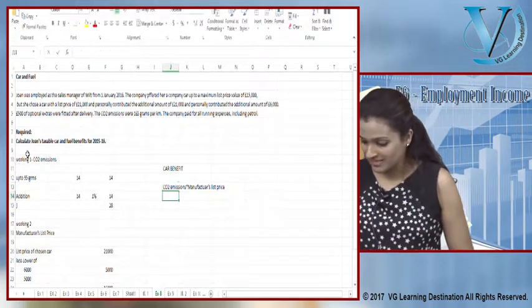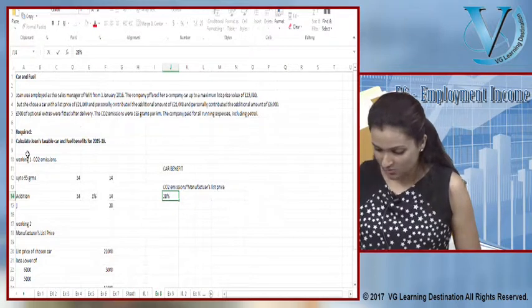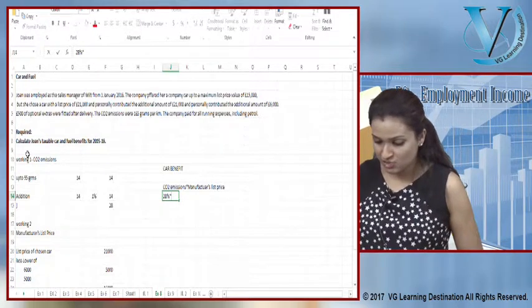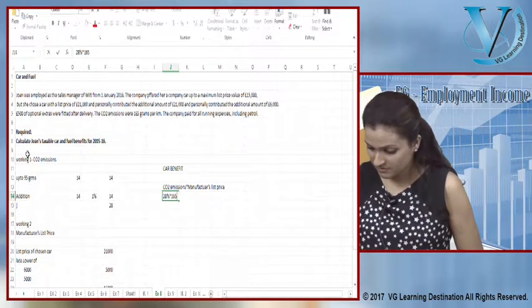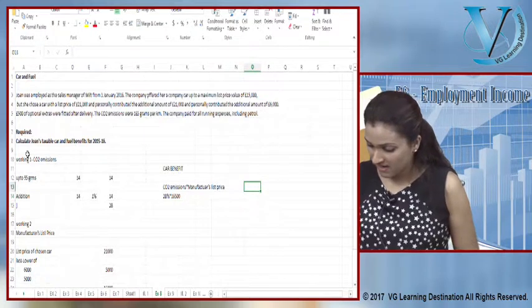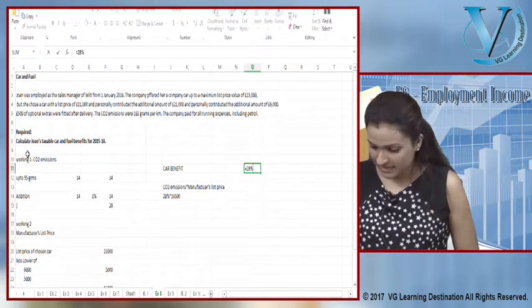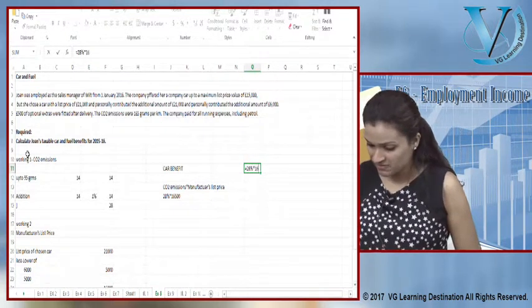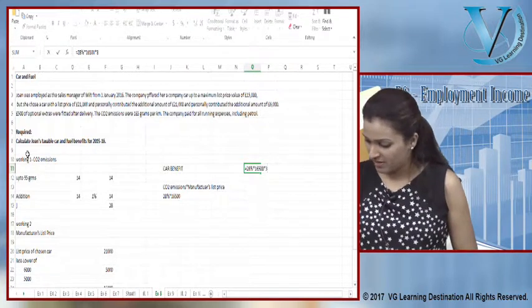So what do you do? Basically the CO2 emissions I've calculated to be 28%, of the manufacturer's list price, which I've calculated to be 16,500. So this is my car benefit, which equals 28% multiplied by 16,500 multiplied by the months used, 3 divided by 12.